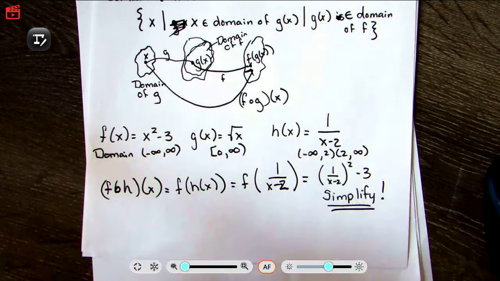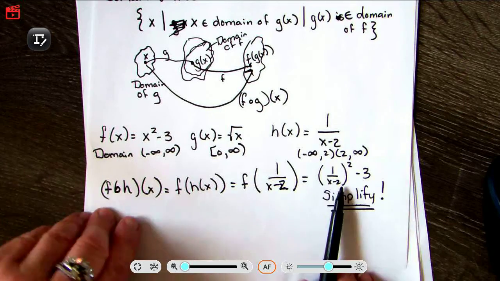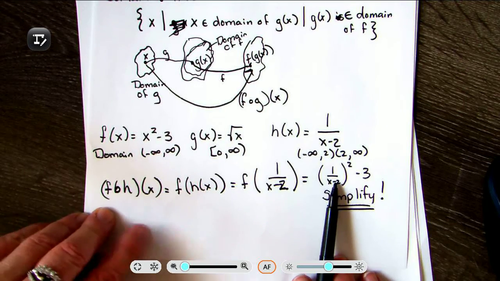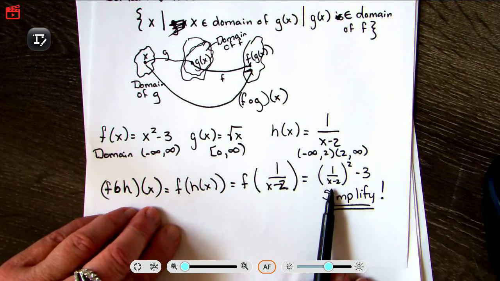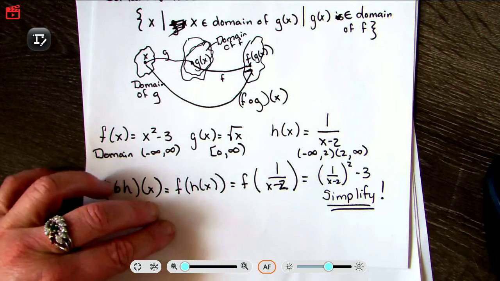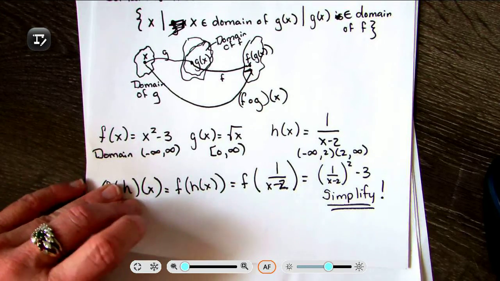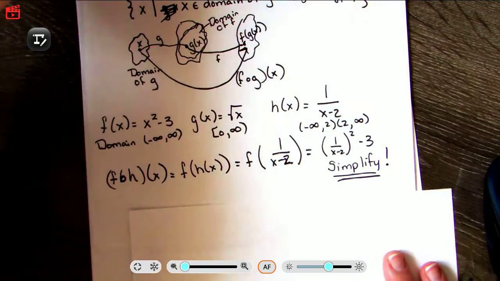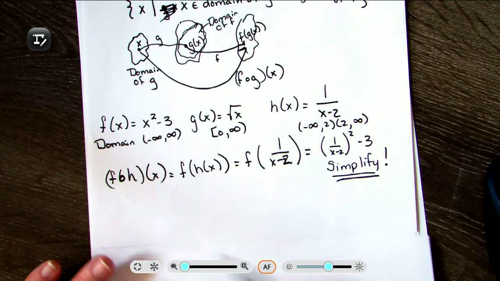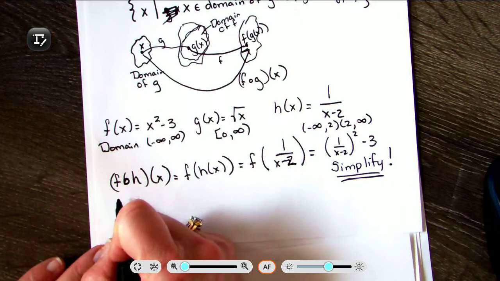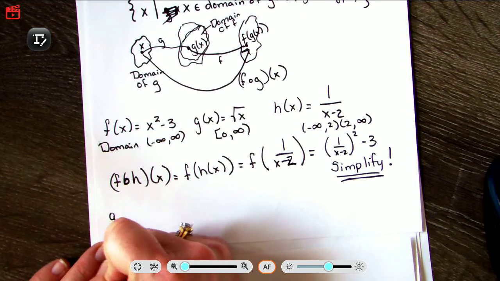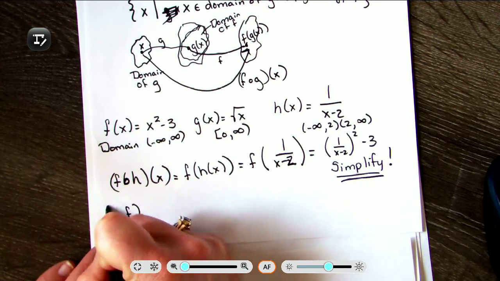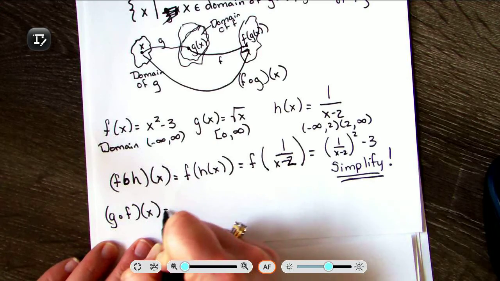Just to save length of the video, I'm going to leave that for you. This would require you to square this out and then get your common denominator and combine your fractions. All right. Let's do another one. How about g of f of x?